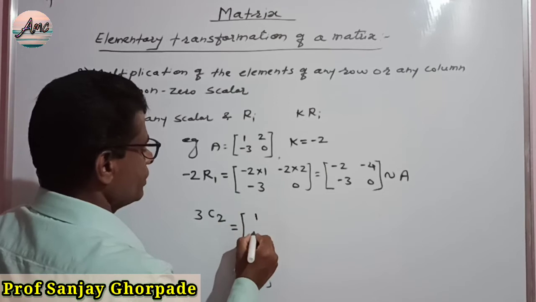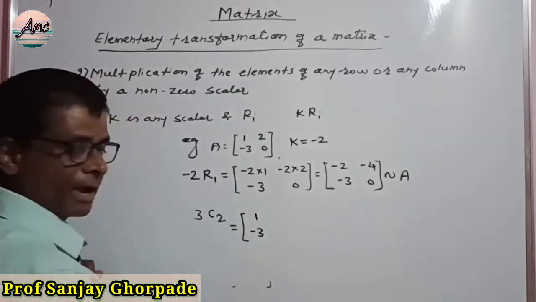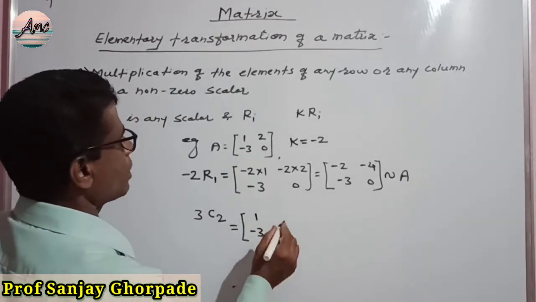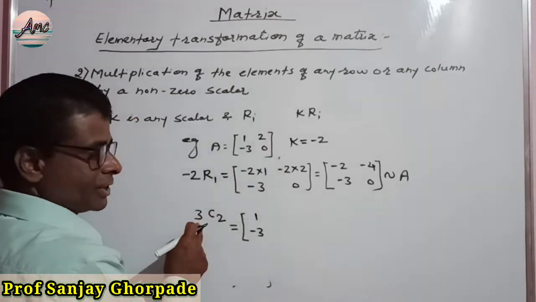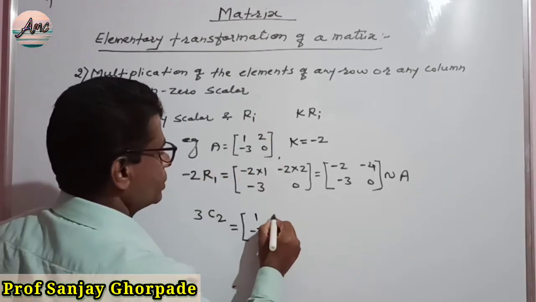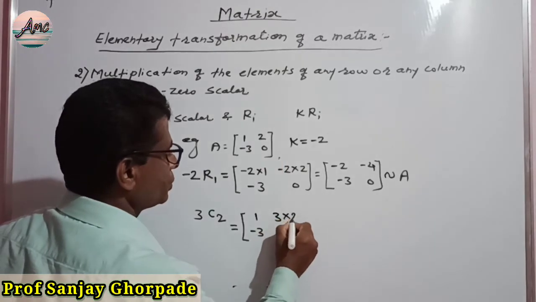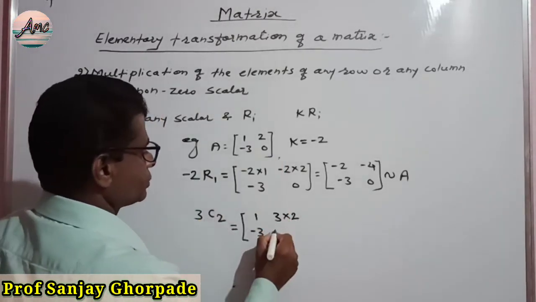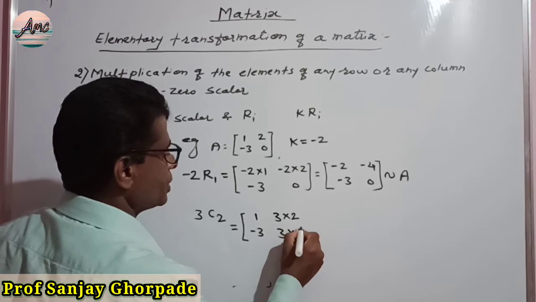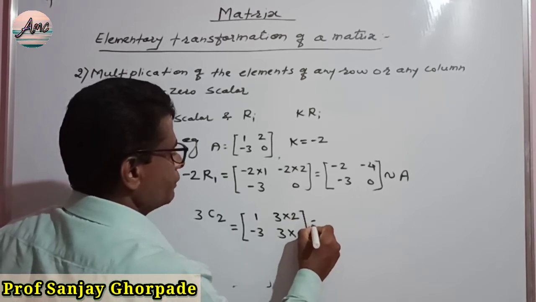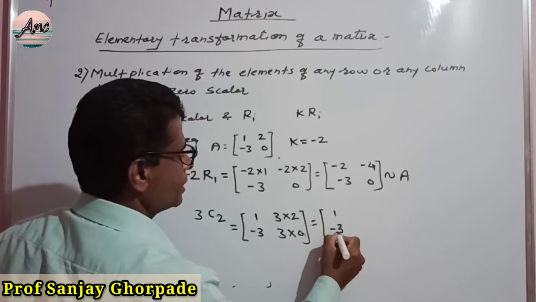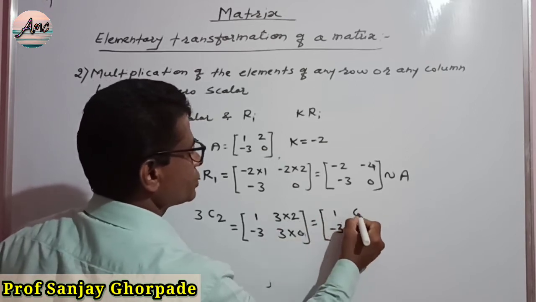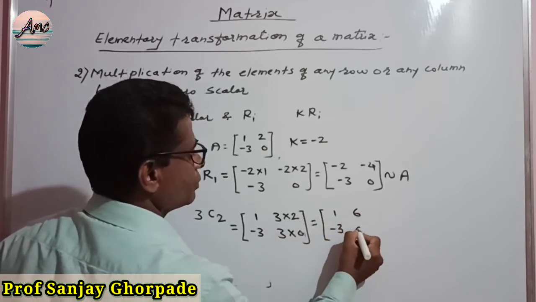The first column will remain as it is, 1, minus 3. Whereas the second column is obtained by multiplying the constant 3 to each element of the second column, 3 into 2, then 3 into 0. Which can be further written as 1, minus 3, 3 twos are 6, 3 into 0 is 0.